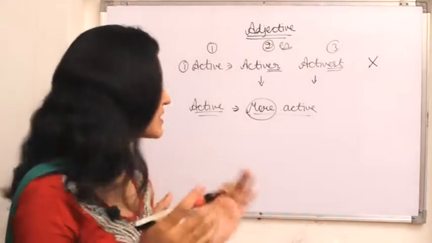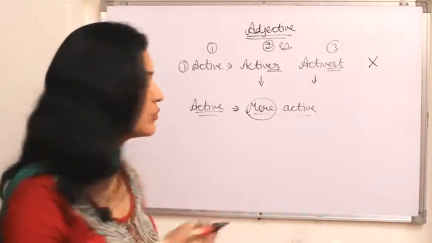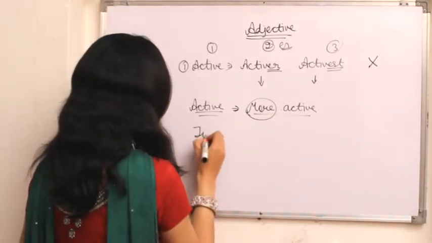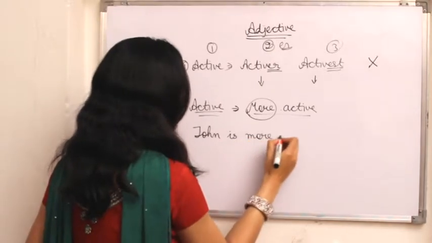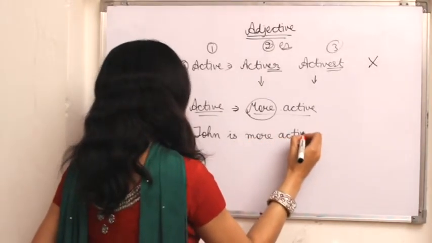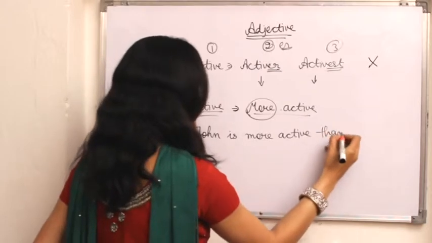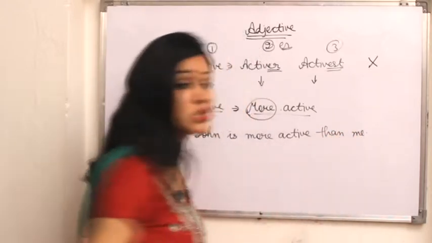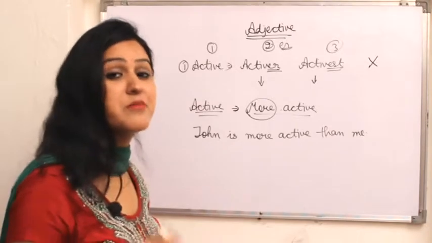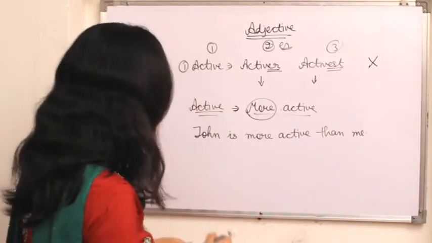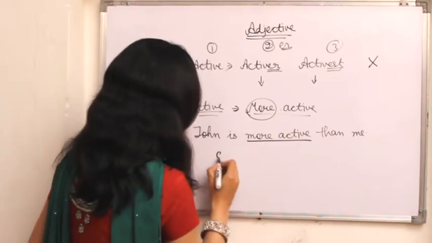By utilizing a sentence, I explain to you that John is more active than me. So here I utilize John is more active than me. So this is the comparative form.